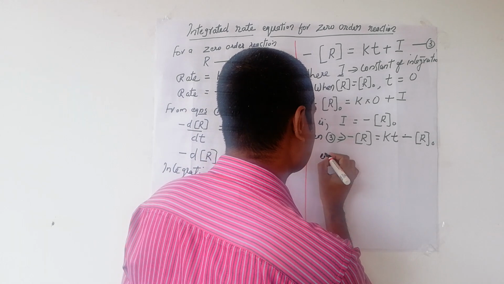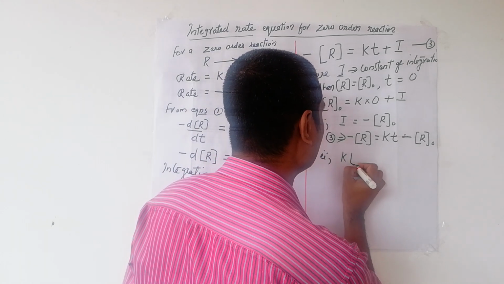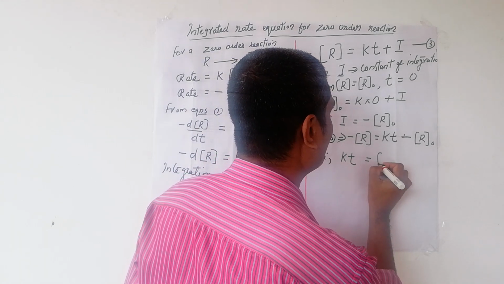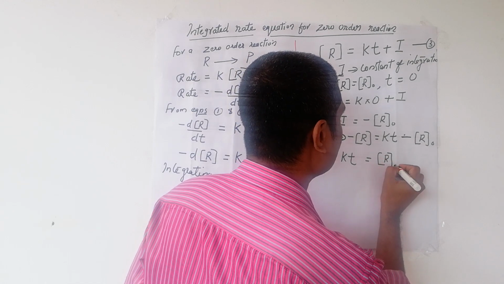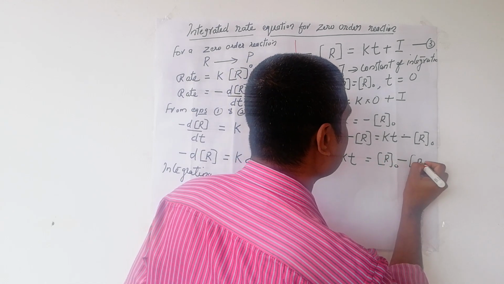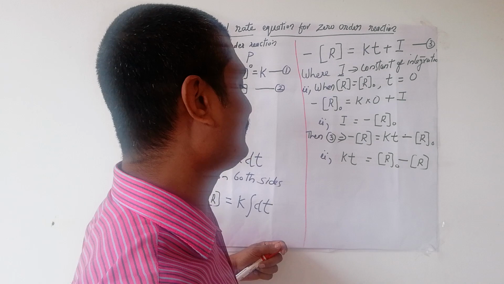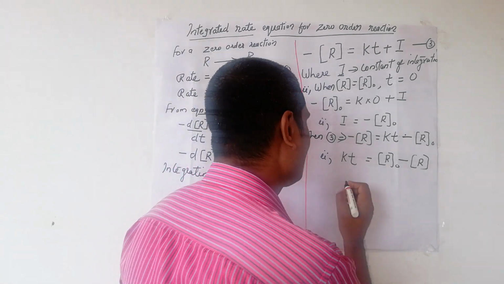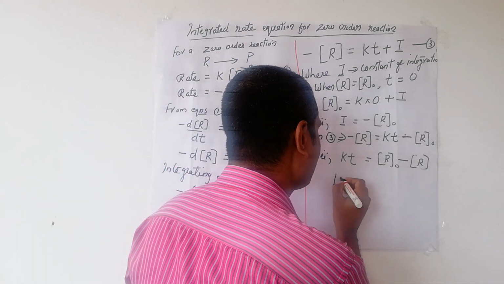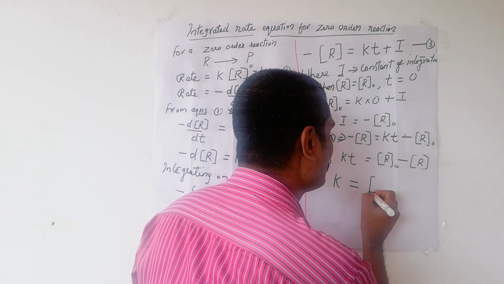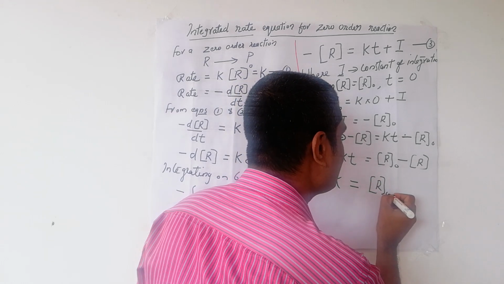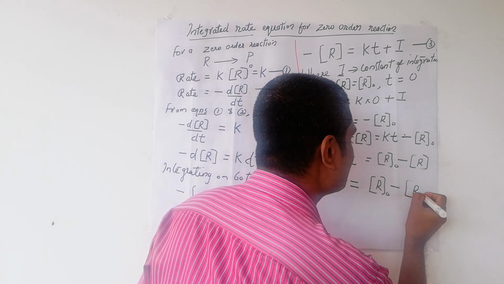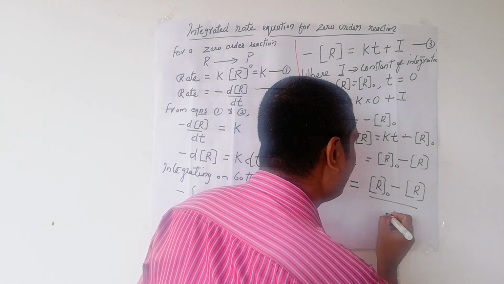That is K into t is equal to R0 minus R. That is, the rate constant K is equal to R0 minus R divided by t.